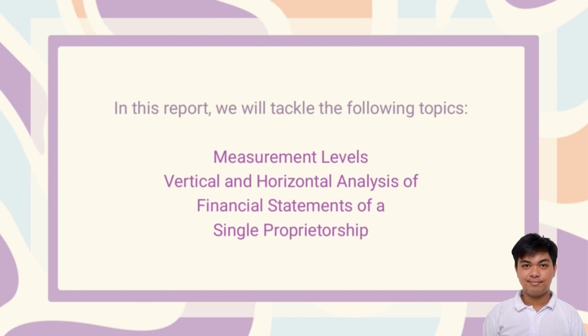So in this report, we will tackle the following topics: measurement levels, vertical and horizontal analysis of financial statements of a single proprietorship. So to discuss measurement levels, including its first type, which is liquidity, we have Antoinette A. Arsino.